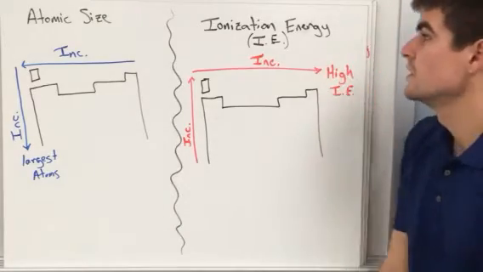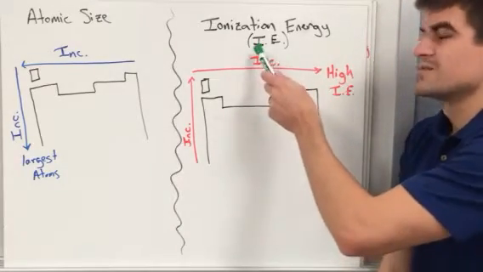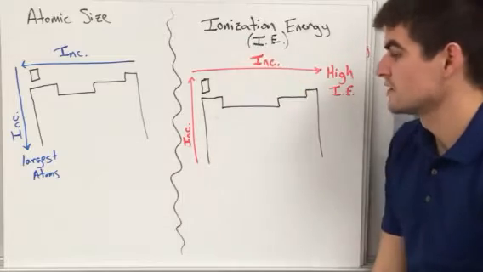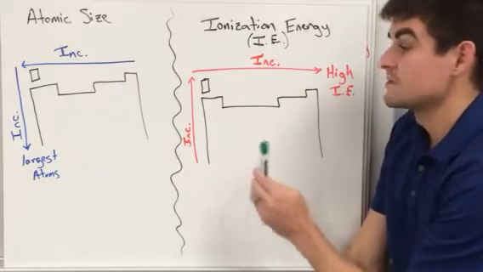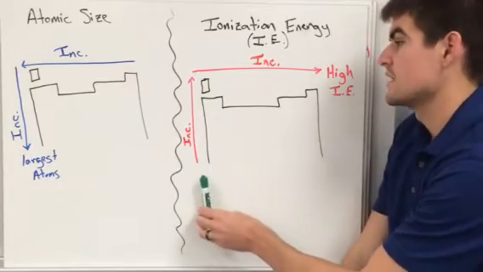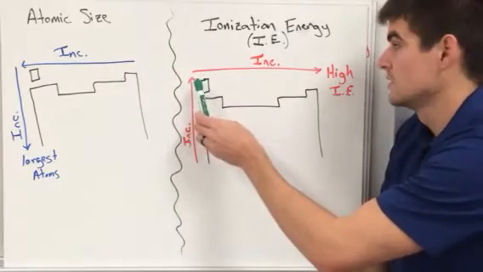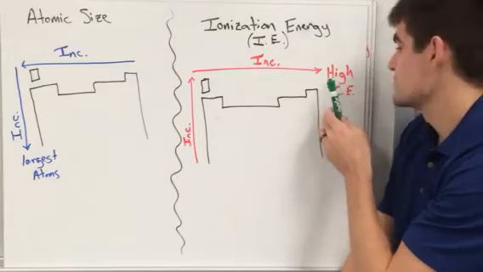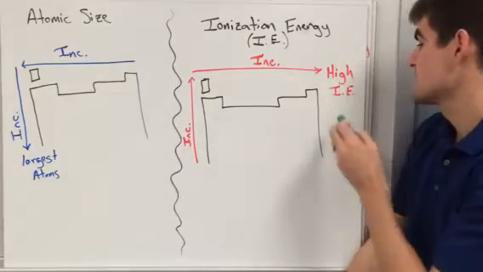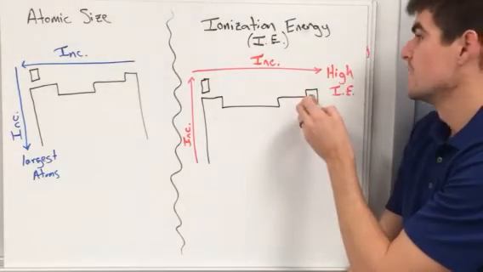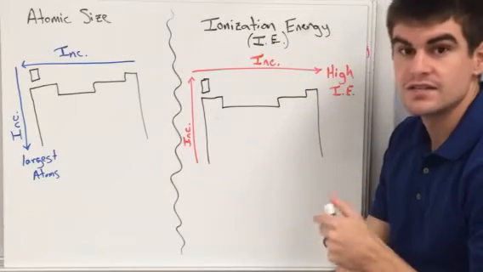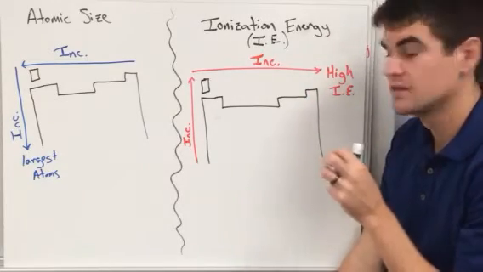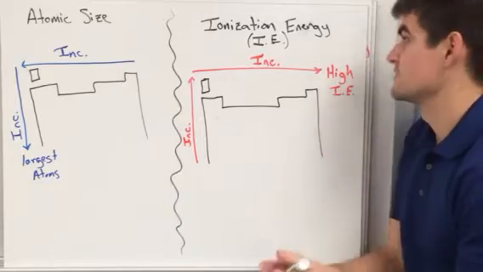The second one, ionization energy, you'll see me abbreviate it IE because that's a lot to write and I'm lazy. Again, increasing, but this time it's opposite. So ionization energy increases as you go up, increases as you come over here to the right. Ionization energy is how easy is it to pluck off an electron so you get a positive charge.